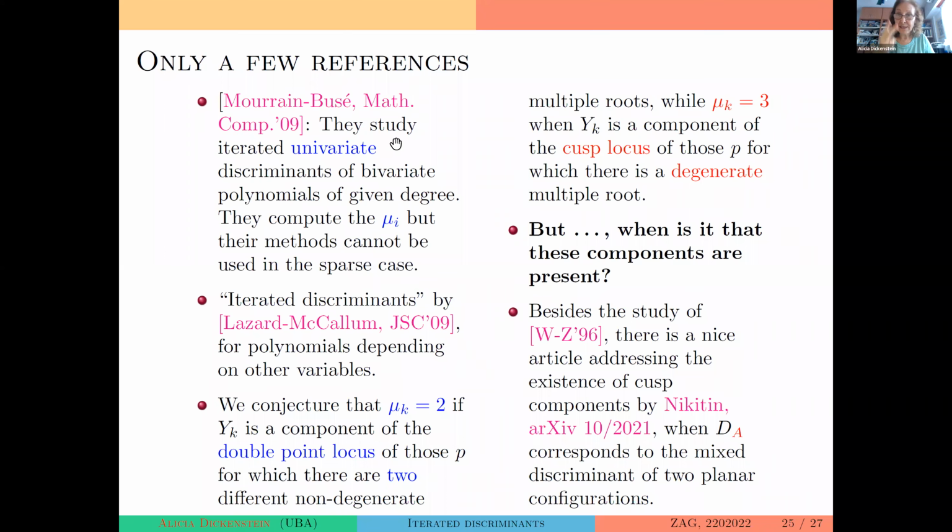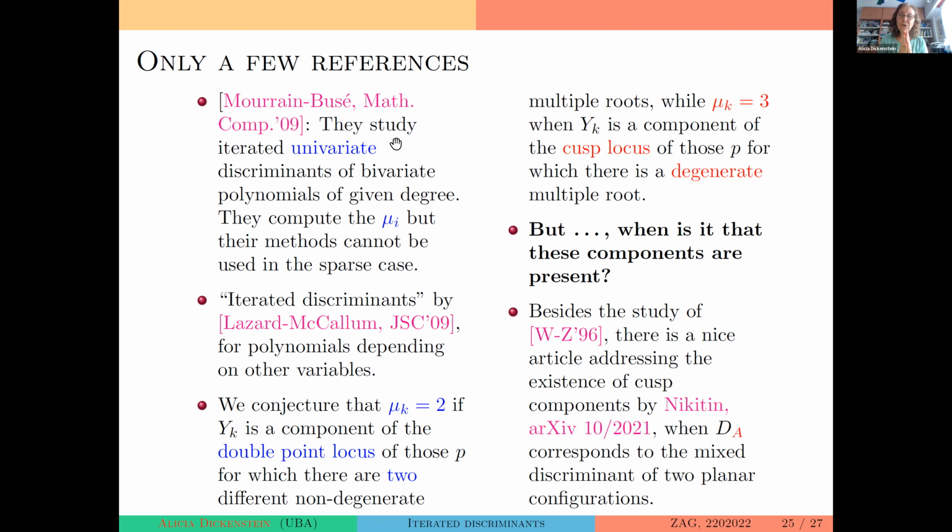So they have polynomials in 2 variables, and they compute an iteration of discriminants, each one in 1 variable. They iterate discriminants in 1 variable, and they get a complete factorization, and they get the exponents, which are either 2 or 3, and I will tell this in 2 items after this.